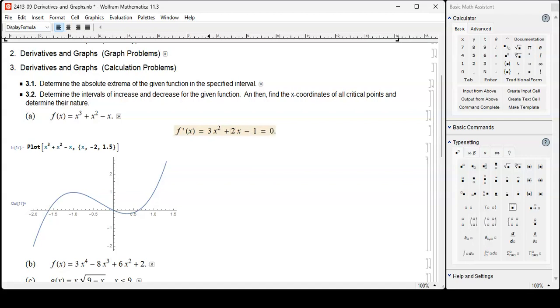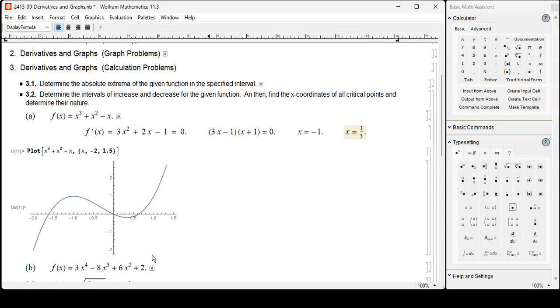I just took the derivative and I set it equal to 0. What do I have here? We have a quadratic equation. (3x minus 1)(x plus 1) equal to 0. Yes, positive 3, negative 2. Okay, that's right. And then what do I get? x equal to negative 1. x equals 1/3.